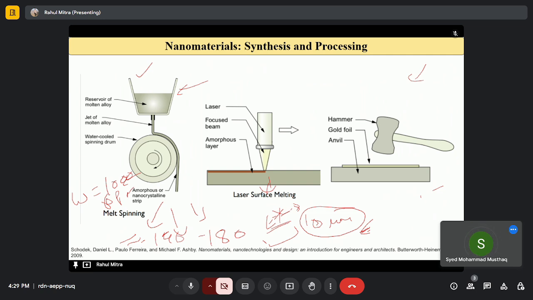It's an old process to create very thin structures, where we heavily deform material using a hammer. This process is mostly used to create gold foils or gold wafers, and it is even used to get a very thin silver layer.